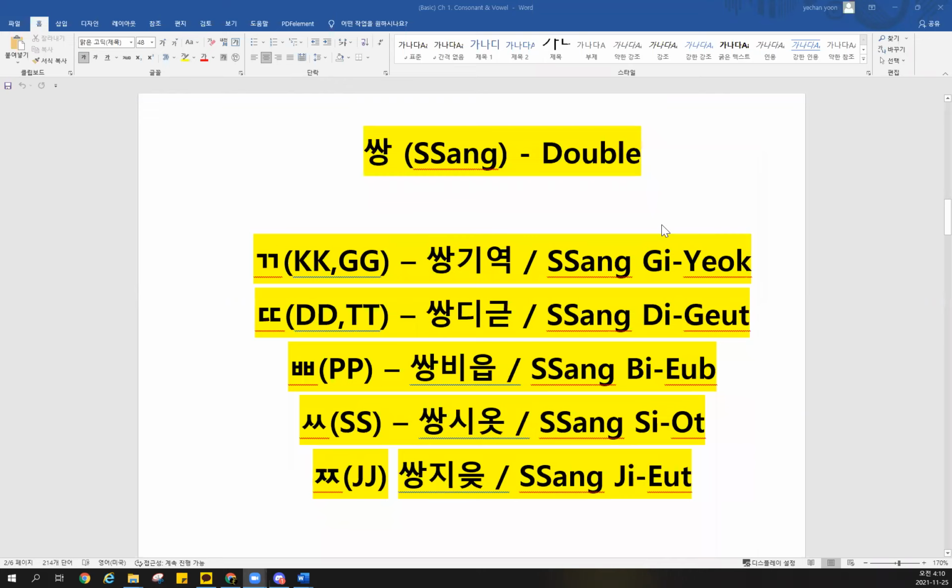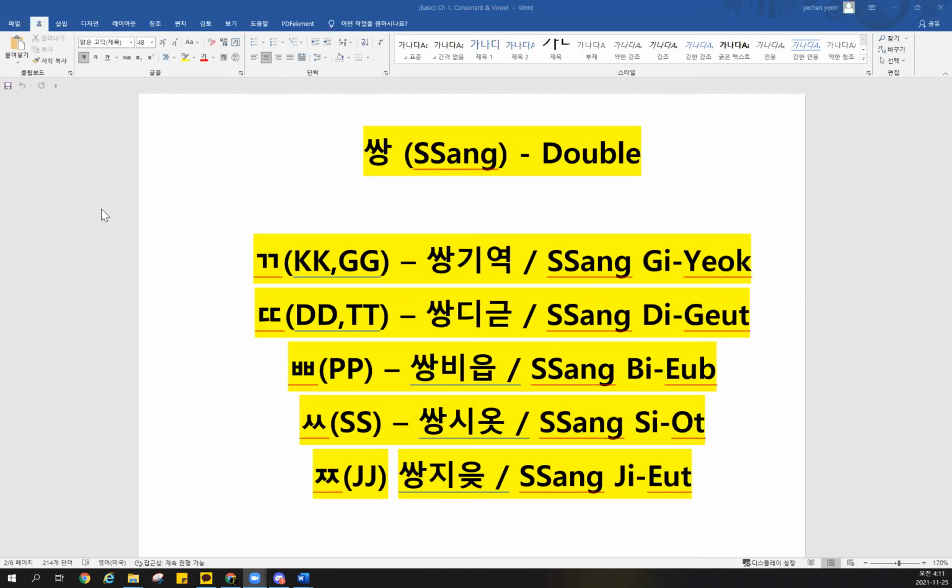So double 기역. How can you say it? As I told you, double means 쌍 in Korean. So 쌍기역. It sounds like G. 기역's pronunciation was g, right?